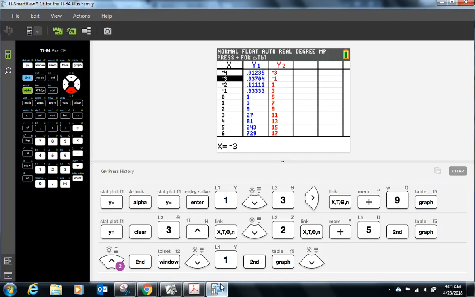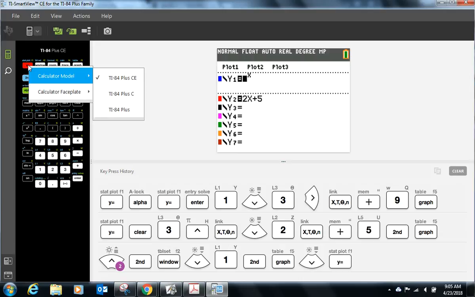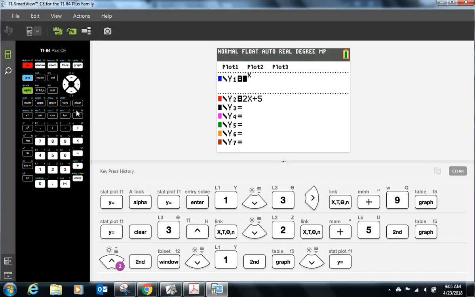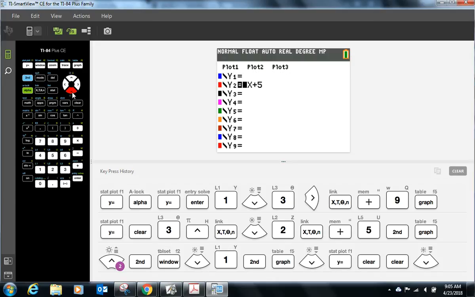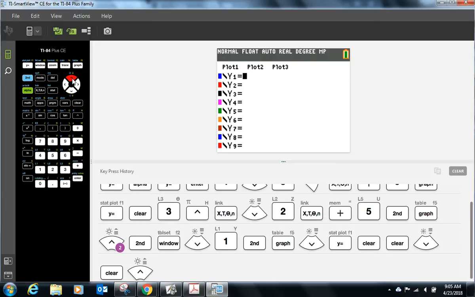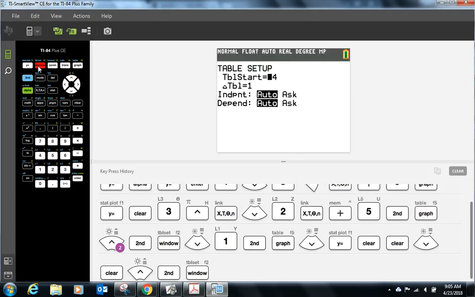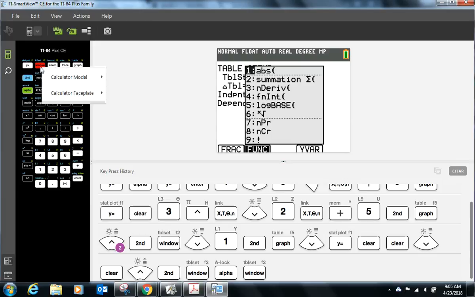Here we go. Go to your y equals, clear everything out. How to get the absolute value symbol? One of two ways. You can go alpha window, and it should be choice 1, absolute value.